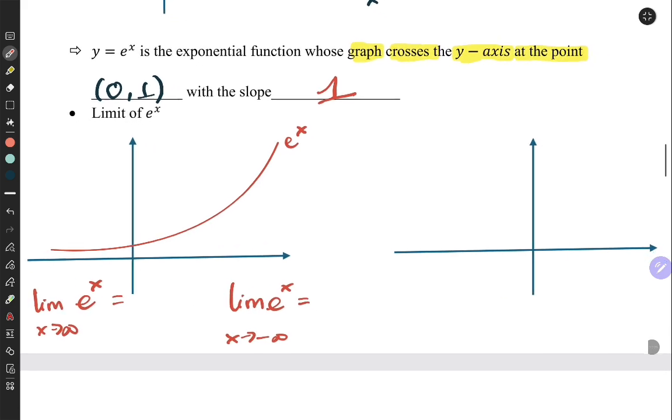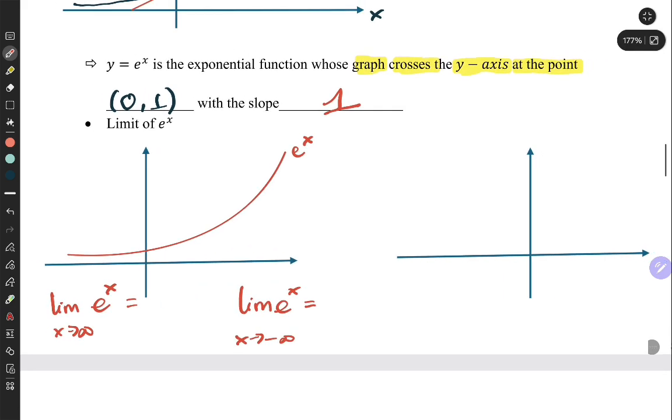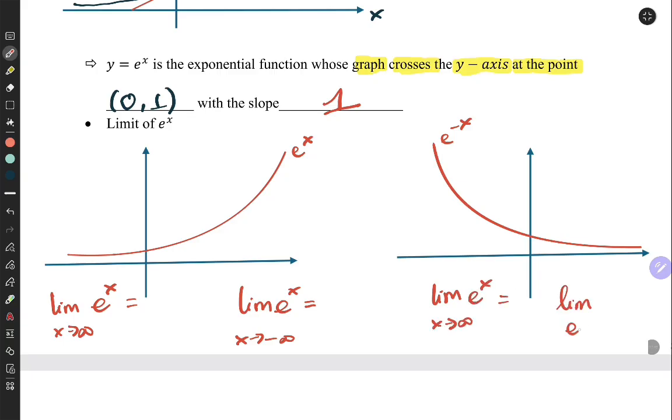And if you have a negative x, e to the power negative x, same idea. I think you can answer this, e to the power x when x approaches negative infinity.